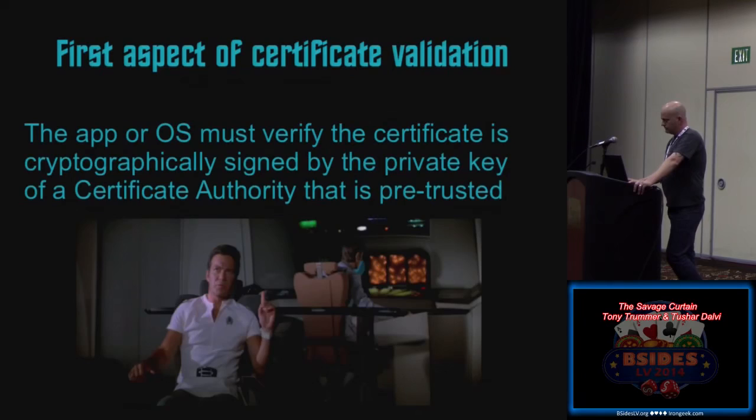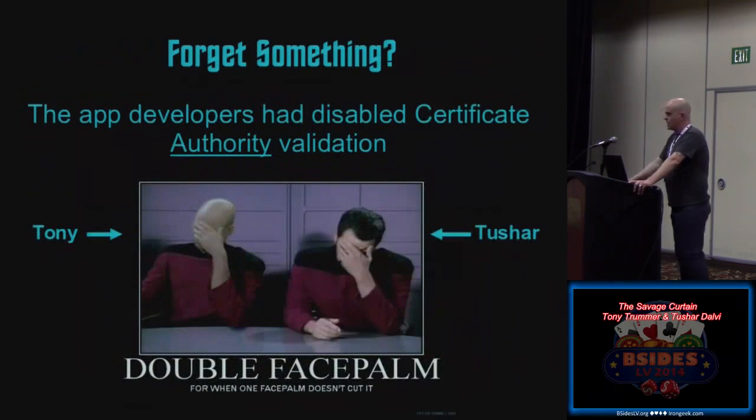So something was wrong. It turns out the reason we were still seeing SSL traffic was that sometime during the development process, the validation of certificate authorities was disabled. Unfortunately, this is a common practice, and it may have been done due to the developers not fully understanding what they were doing, or simply because they disabled it for testing because they wanted to proxy their requests and were too lazy to install the certs on their devices or emulators or whatever, and then just forgot to turn it back on.